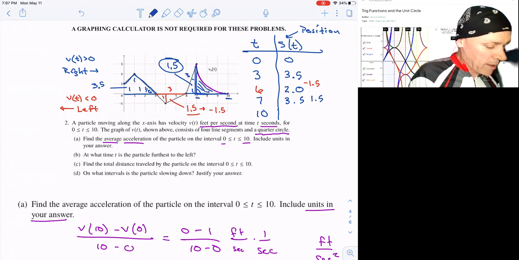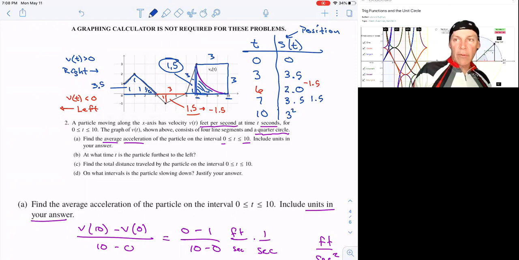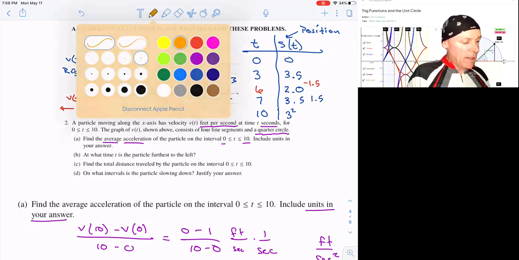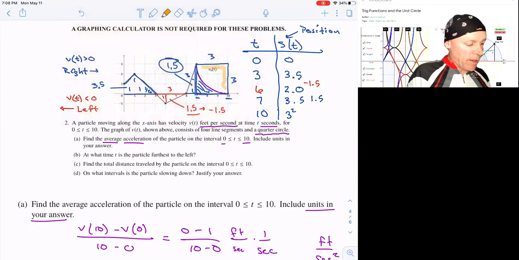The way we're going to get that is we're going to take the area of this 3 by 3 square. 3 times 3, 9 square units would be the area of that square. And I want to subtract the area of my quarter circle.